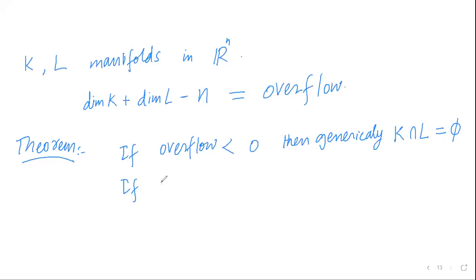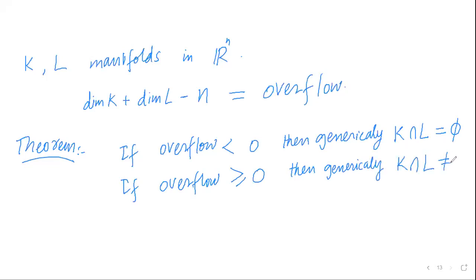And if the overflow is greater than or equal to 0, then generically they intersect, and the dimension of the intersection is the overflow.